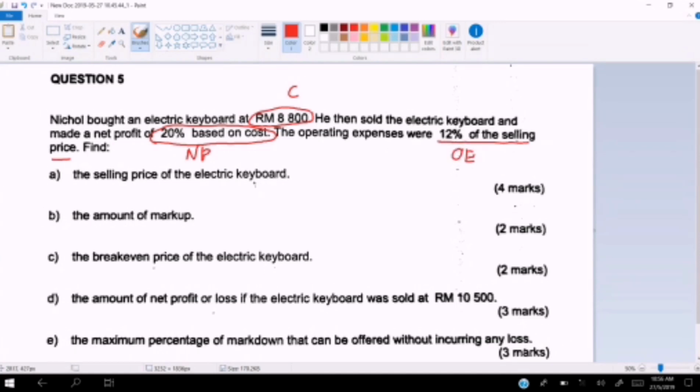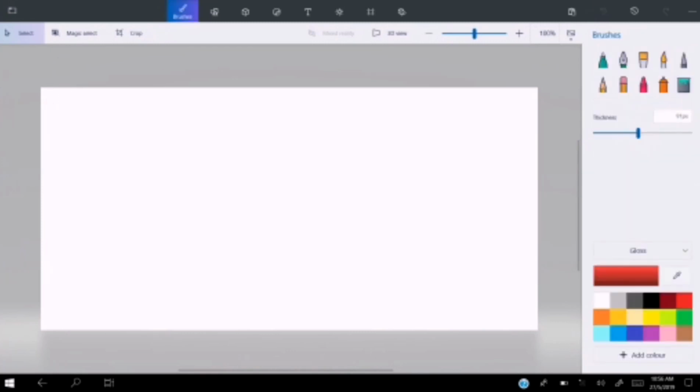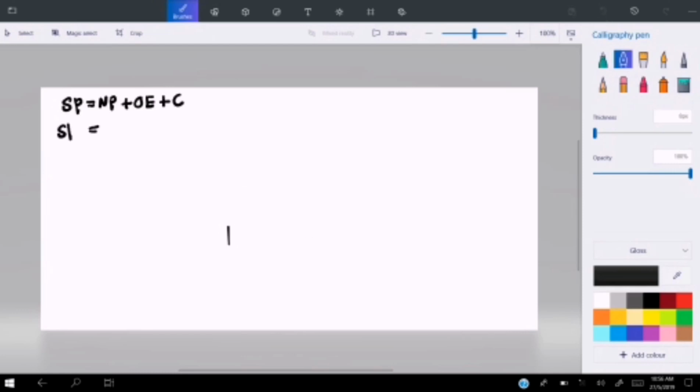So we know that from the formula, SP is equal to net profit plus the OE, operating expenses, plus the cost. And we know that we want to find the SP, so we have to write SP first.